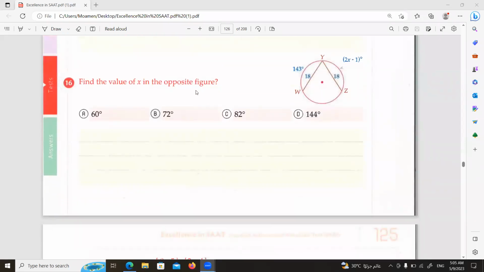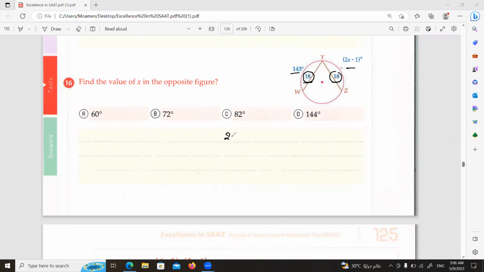We're going to number 16. A circle has two equal chords. This chord is 18 and this chord is also equal to 18. If you have two equal chords, you have two equal arcs.